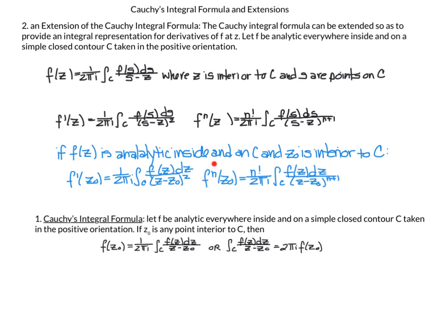My nth derivative of f evaluated at z naught is equal to n factorial over 2 pi i, integral over the curve C of f of z over z minus z naught to the n plus 1 dz. And this is probably the form that you should write down or remember just because so many examples are in this form. But in my overview slide, I wrote it in this f of s form because that is the formula that was in your book when your book derived the formula.